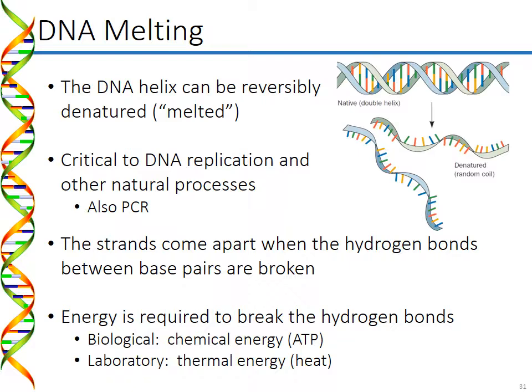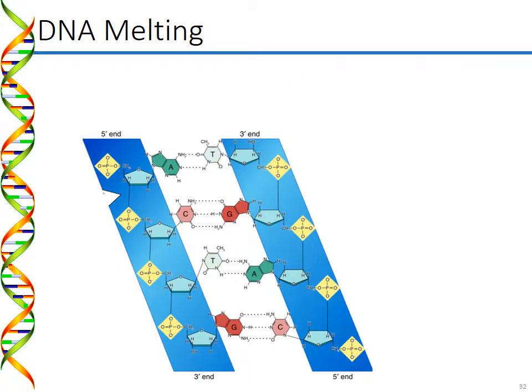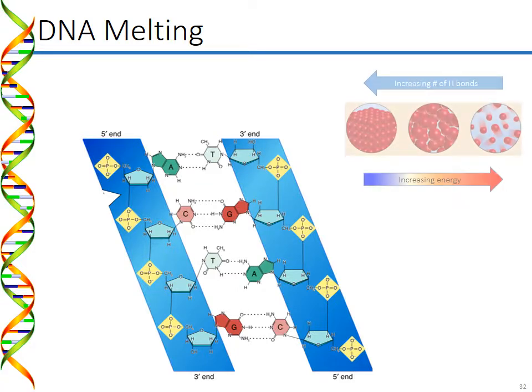And in the laboratory, typically during PCR, we will use primarily thermal energy in order to break those bonds. Here again, we see our short strand of double-stranded DNA, anti-parallel with hydrogen bonds between the bases on either strand.